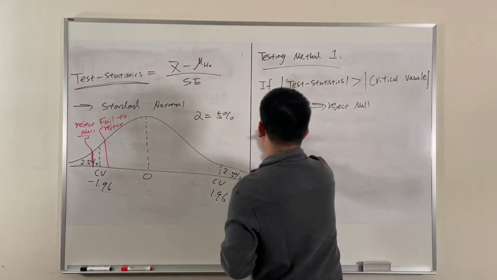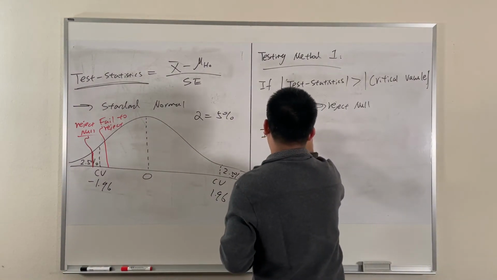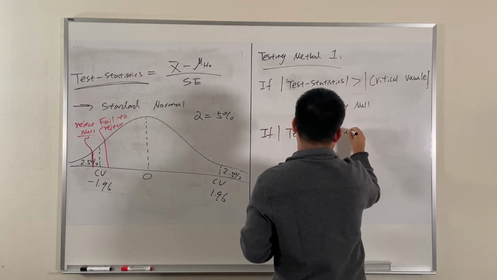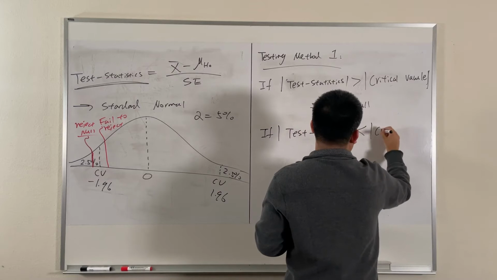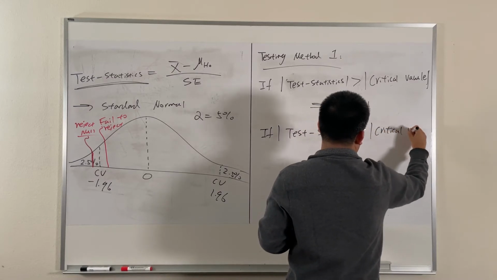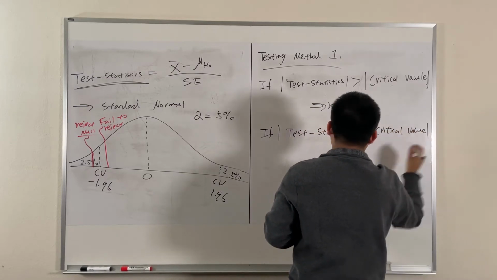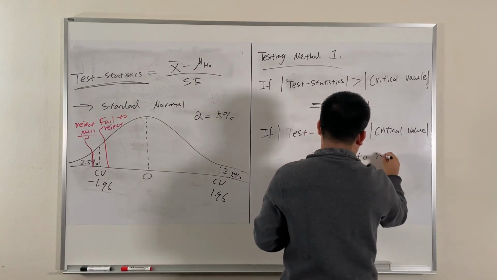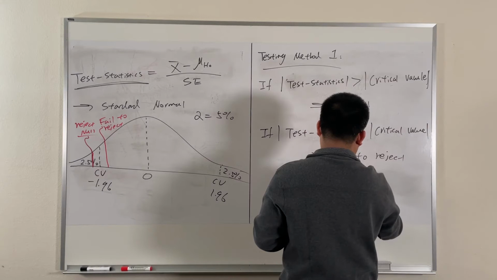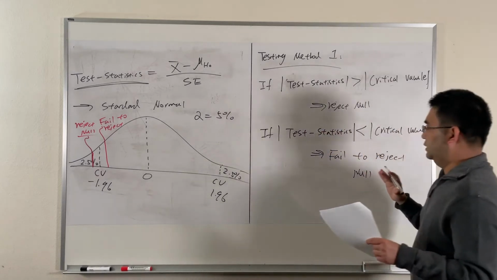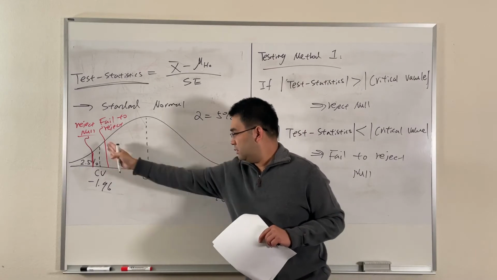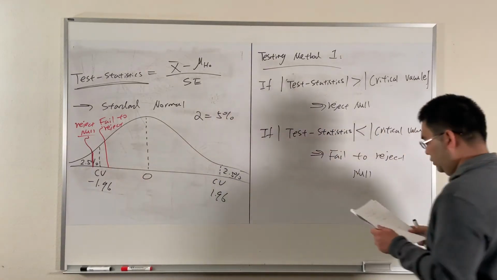And the opposite, if your test statistics is less than your critical value, then you're going to fail to reject your null, okay? So if your test statistics is inside your critical values, stay here, then you're going to fail to reject your null hypothesis.